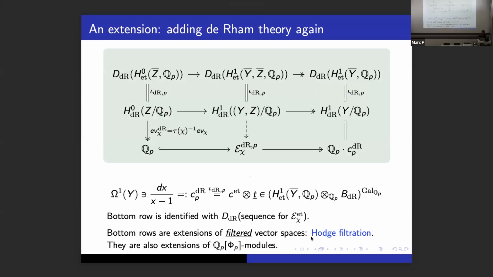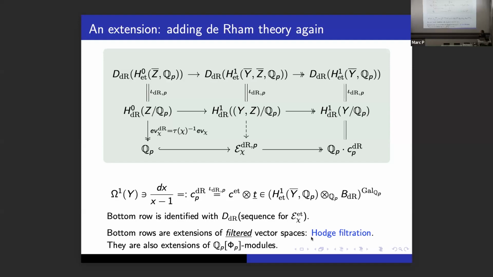And now we've got the same kind of de Rham sequence, only now it's algebraic de Rham cohomology. So instead of being over complex vector spaces, it's vector spaces over, in this case, the p-adics.